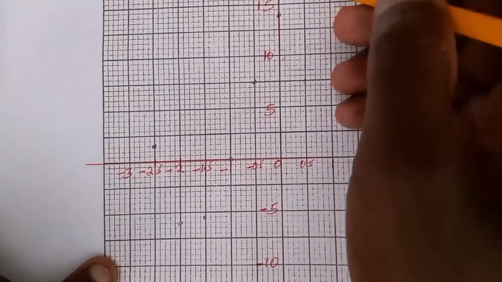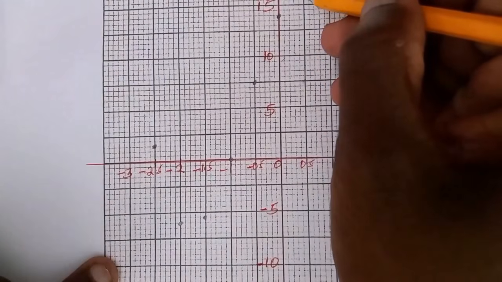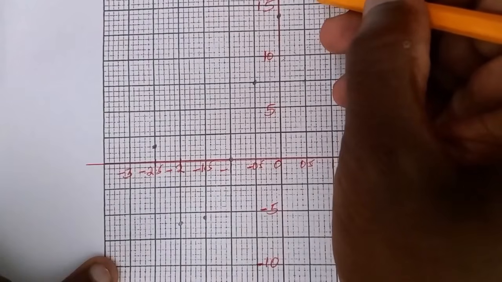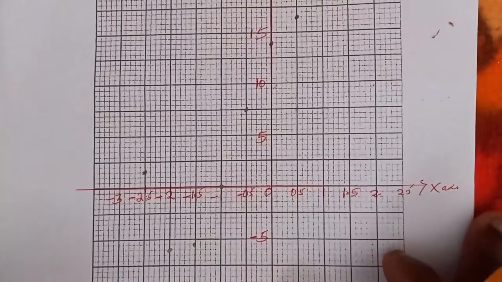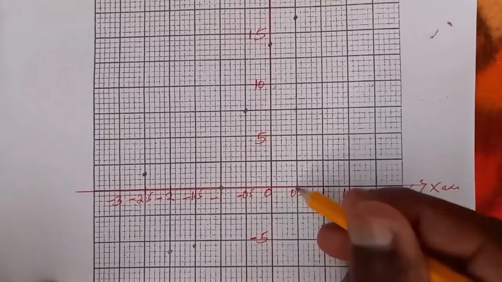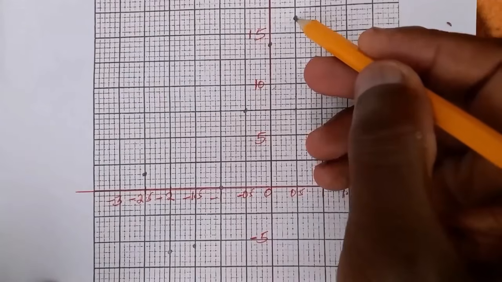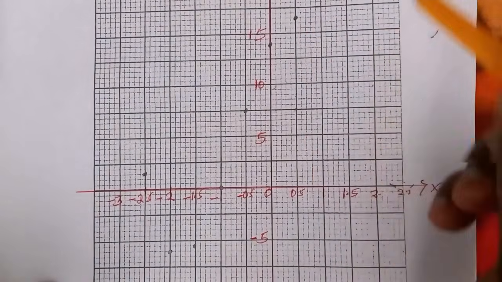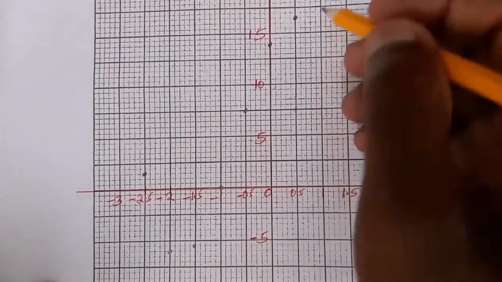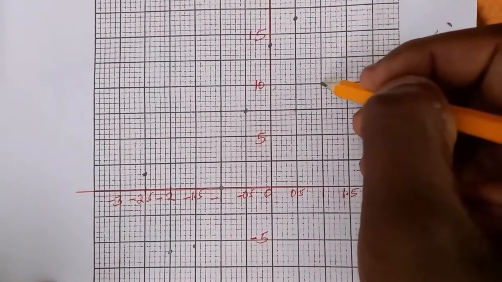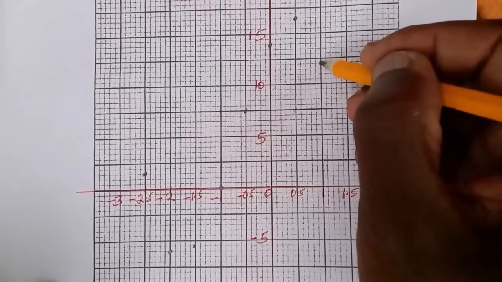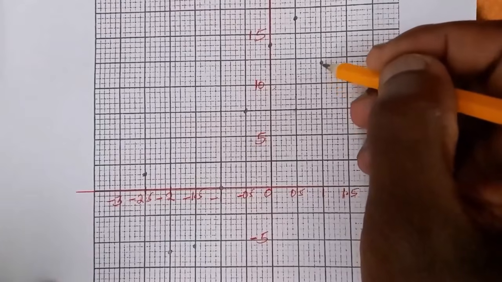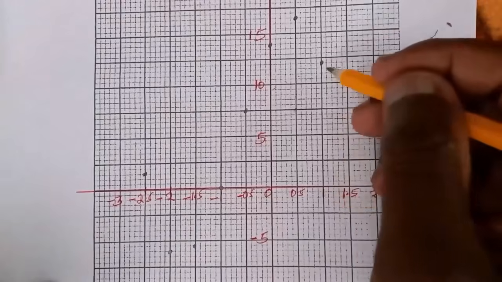Here you have 16, so 16.5 is here. Then 1, 12. So 10 is here, 11 is here, 12 is here. It's there.